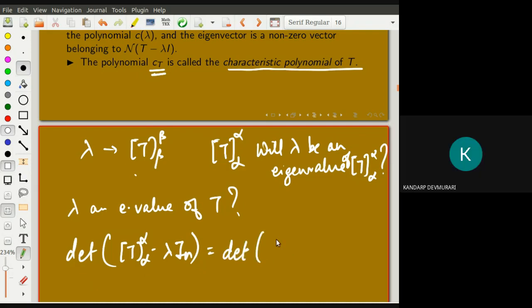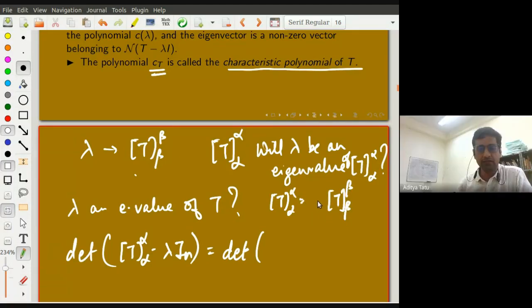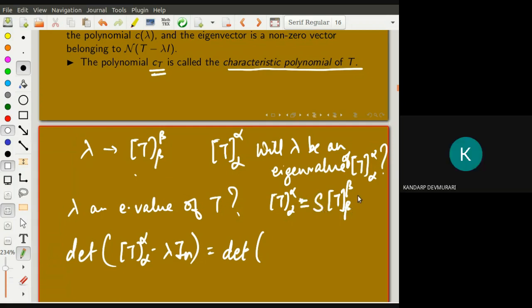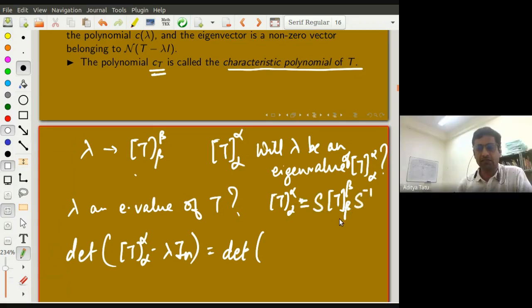These are similar matrices, right? There will be an invertible matrix S such that T alpha alpha is exactly S T beta beta S inverse. Agree?